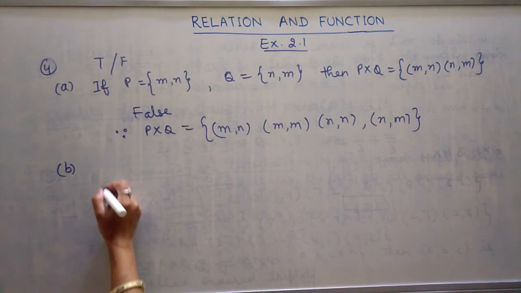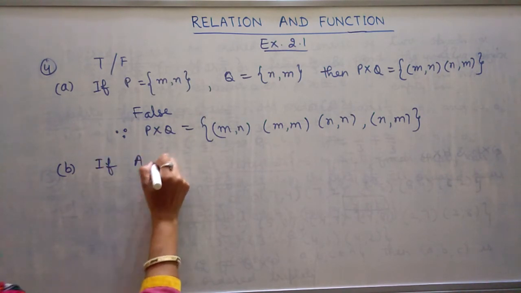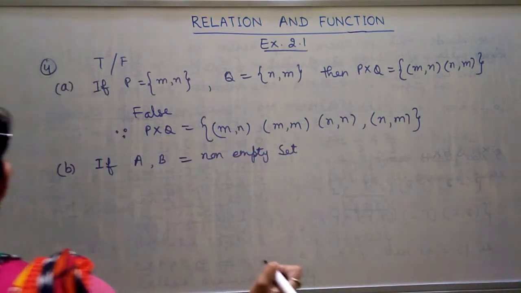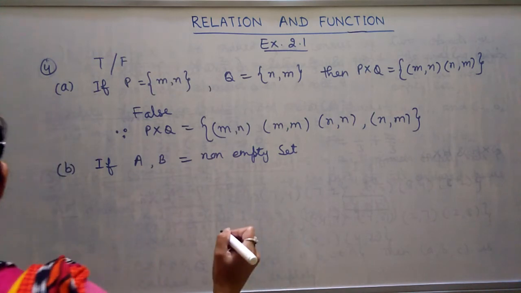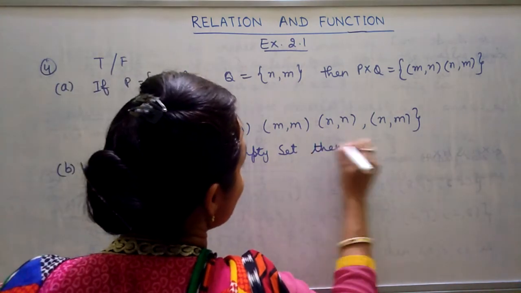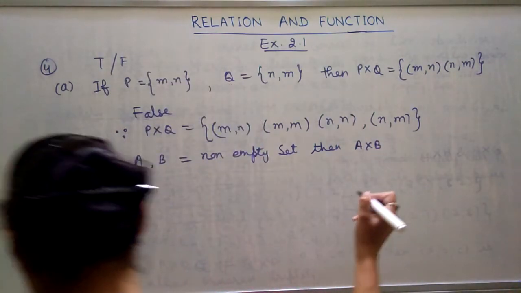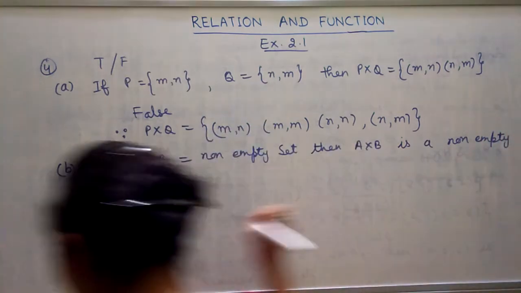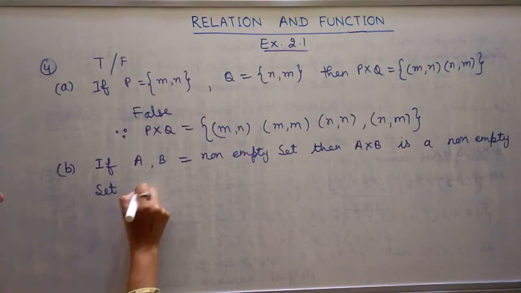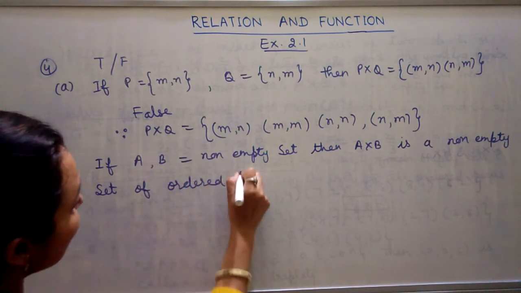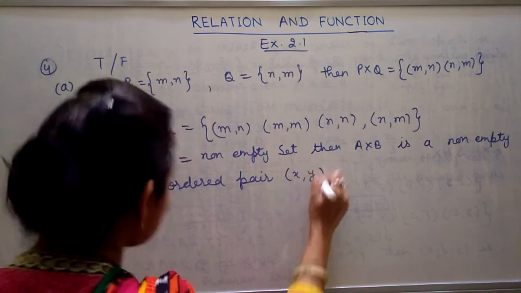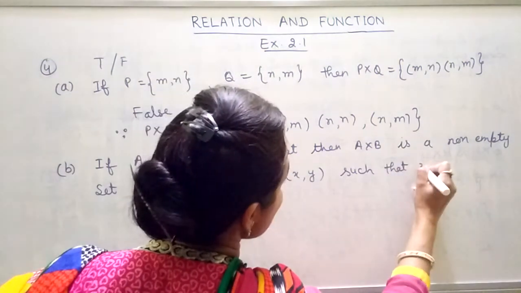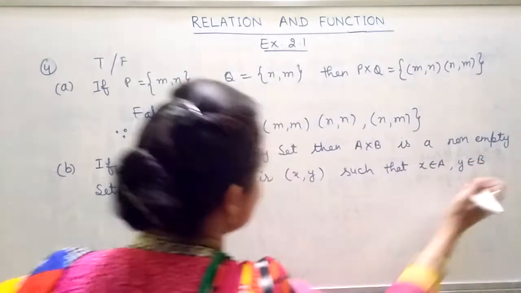Second, the B part is: if A and B are non-empty sets, then A cross B is a non-empty set of ordered pairs (x, y) such that x belongs to A and y belongs to B. Yes, it is true.